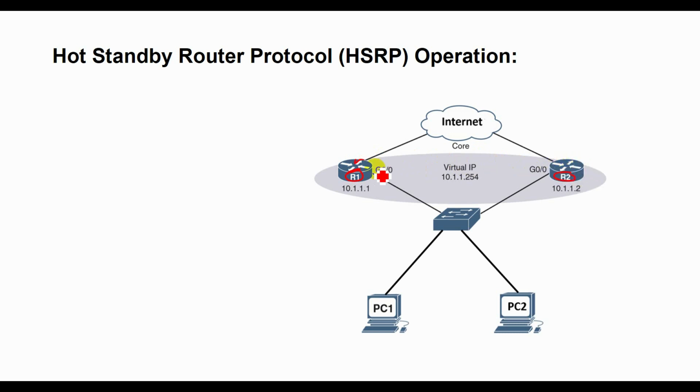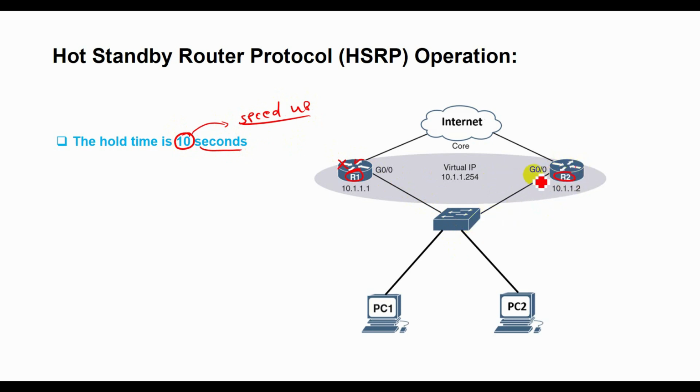Routers in standby mode will listen to the hello messages so that the standby router can detect when the active router fails. If they do not receive anything from the active router, they will wait for the hold time to expire before taking over. The hold time is 10 seconds by default, which is pretty slow.